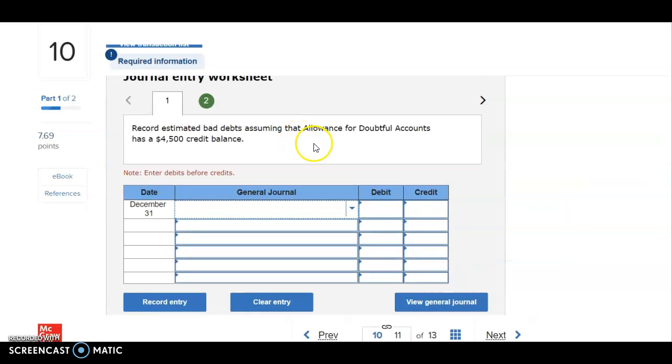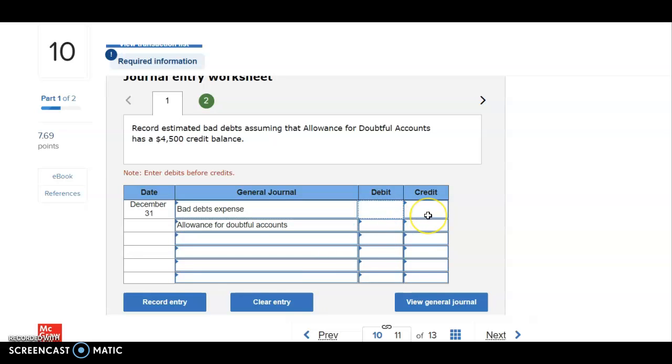So going into our first question, record the estimate bad debt assuming that the allowance for doubtful accounts is a $4,500 credit balance. So when we're dealing with a credit balance, and this is a credit account, we're starting with $4,500. We need that bad debt expense and the allowance for doubtful accounts to total $14,070.